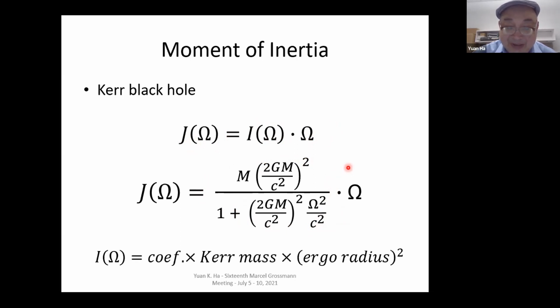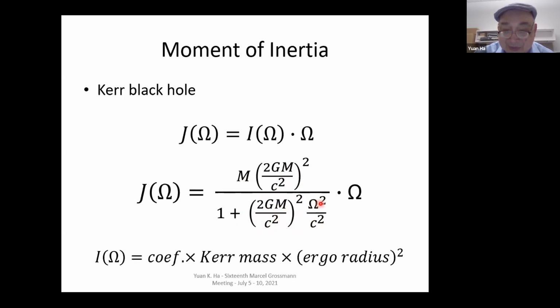The crucial step here is to be able to extract a radius factor, which is 2GM over c squared. Now here, the mass is the Kerr mass, including rotational energy. And this radius factor is actually the ergosphere radius from the Kerr metric. Now, there's a numerator and a denominator. The denominator involves the ergosphere radius and the angular velocity.